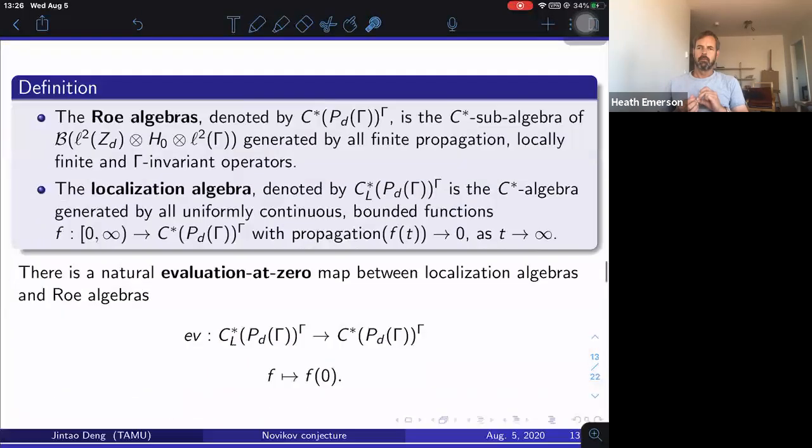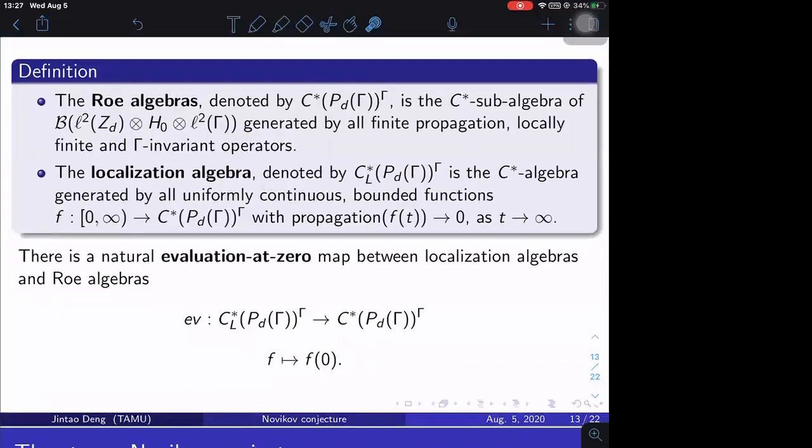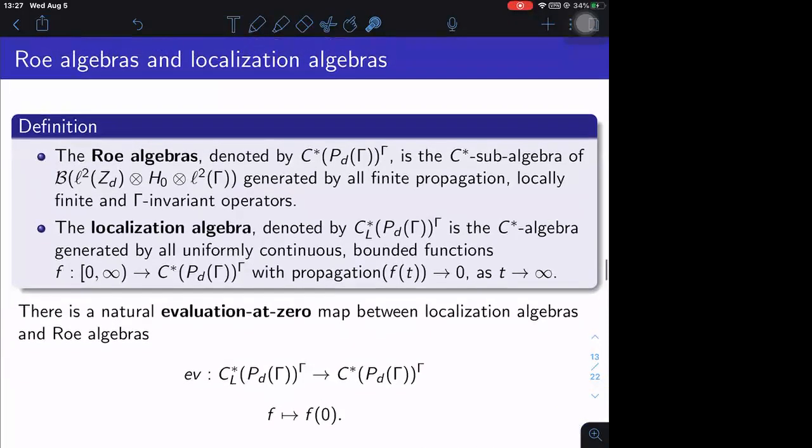If we consider all these geometric concepts, we will have a C*-algebra, which is called the Roe algebra, sometimes also called the equivariant Roe algebra. It is generated by all finite propagation, locally compact, and Γ-invariant operators on this Hilbert space.